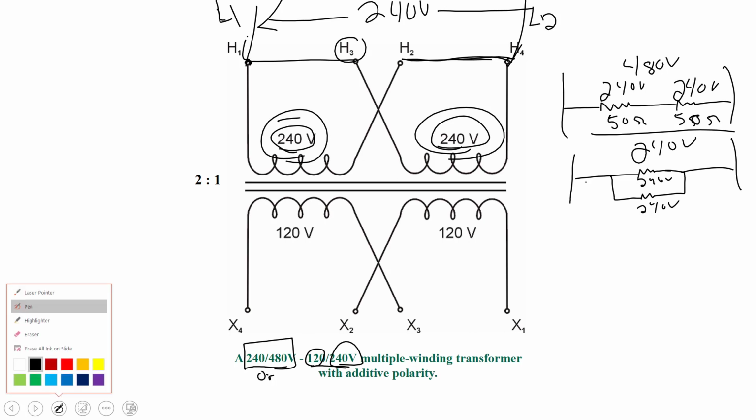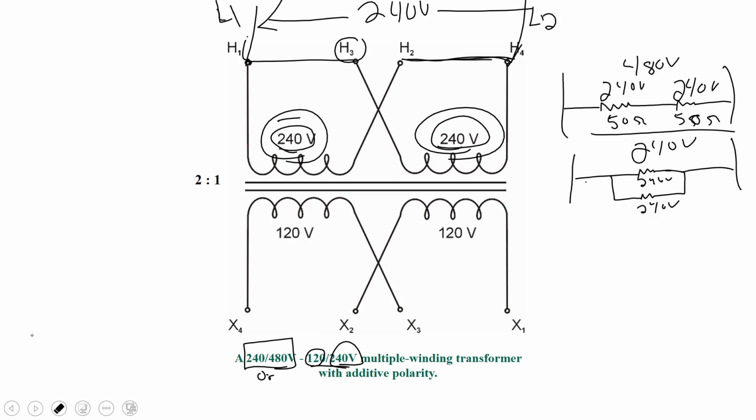Let's look at our secondary here now. On the secondary, because I'm using this as a step-down transformer, and we could use this as a step-up transformer and step the voltage up to 240 or 480, but in this scenario, I'm using it as a step-down.